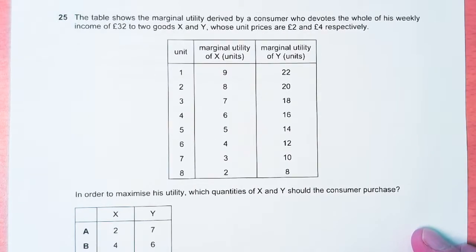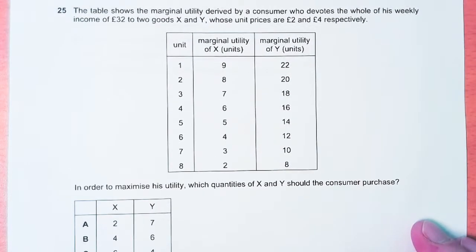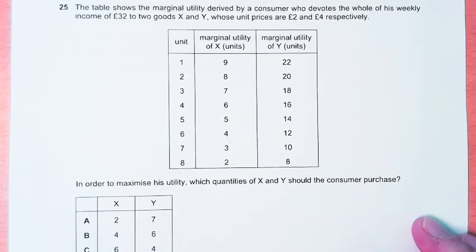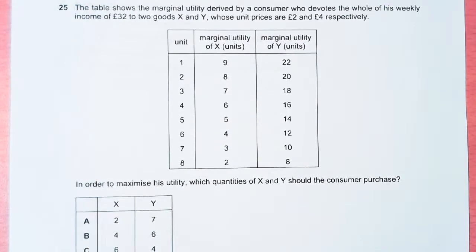Right, so 25. The table shows marginal utility derived by a consumer who devotes the whole of his weekly income of £32 to two goods X and Y, whose unit prices are £2 and £4 respectively. Okay, fine.